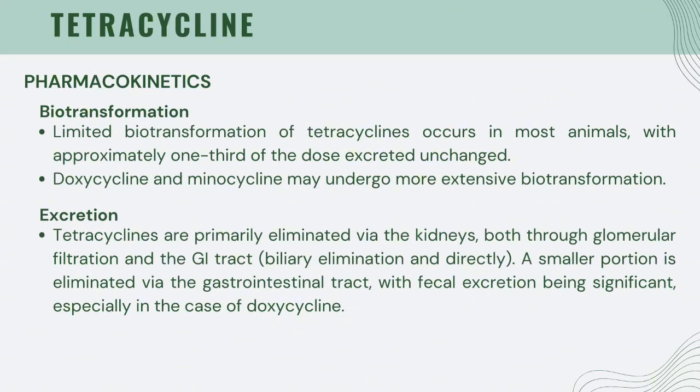The biotransformation of tetracyclines primarily occurs in the liver, where these antibiotics undergo various metabolic processes before they are eliminated from the body. The exact pathways of biotransformation can vary depending on the specific tetracycline compound. Tetracyclines are primarily eliminated via the kidneys, through glomerular filtration, and the GI tract.